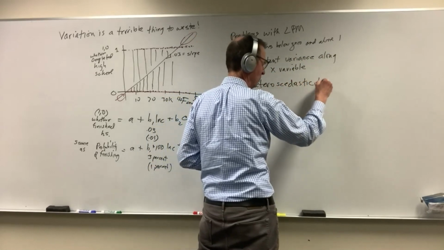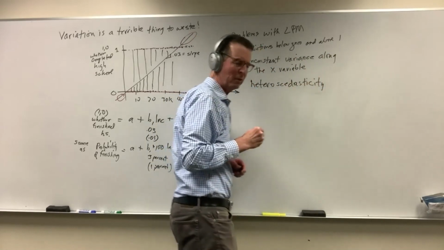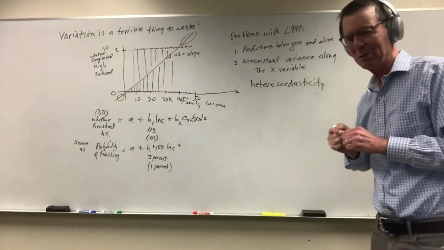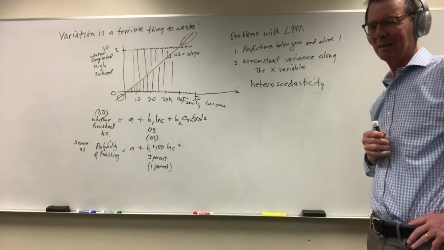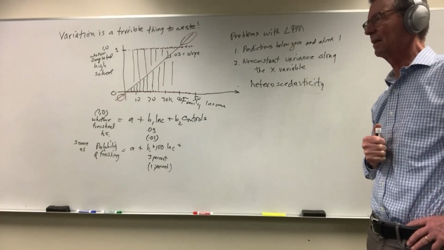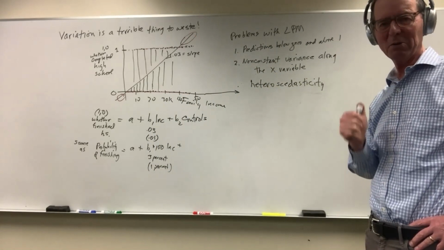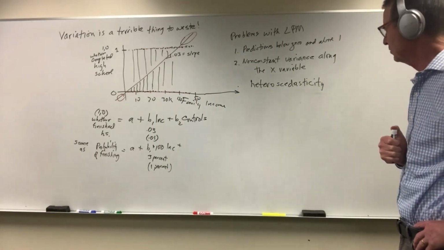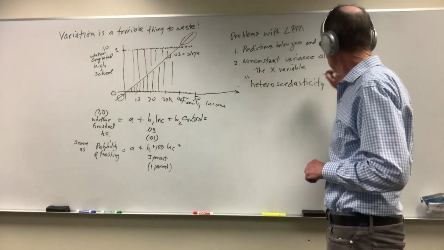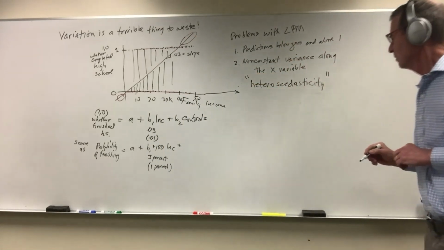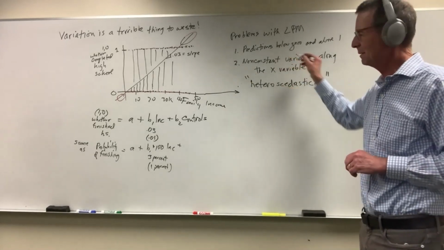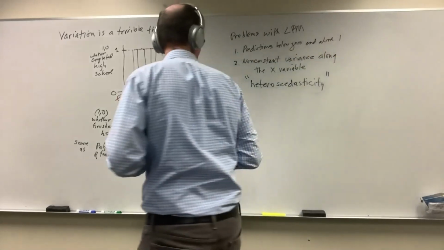If you want to impress your friends, one of your assignments for next week is to drop the word heteroscedasticity into a conversation. Maybe that'll be my one assignment, to describe how you slipped heteroscedasticity into a conversation with a friend who's not in this class, by the way. So it's heteroscedasticity, and what that means is it's non-constant variance.